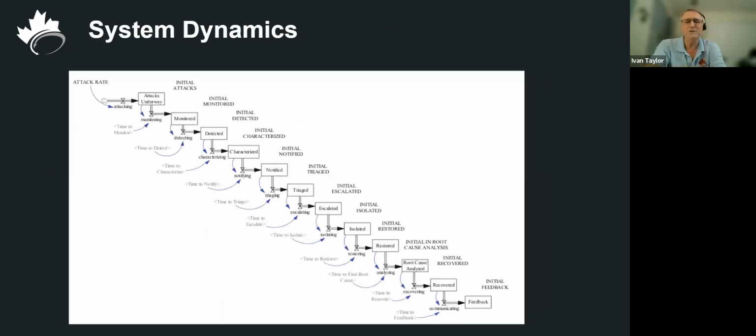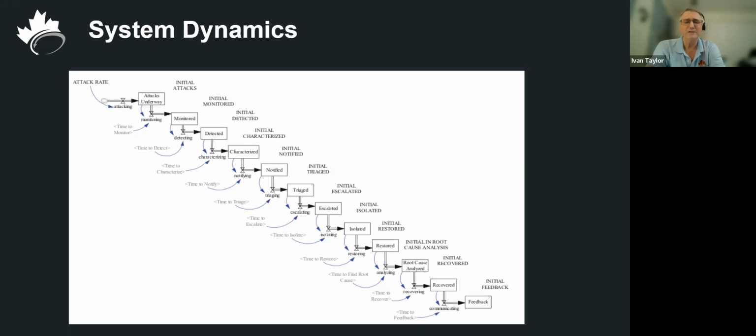Similarly, there's another approach that we use called system dynamics, which is more of a continuous time system of modeling. It uses basically the same characteristics of the operations. However, instead of having discrete elements, we have a series of servers that produce processes with a certain time to complete those processes.